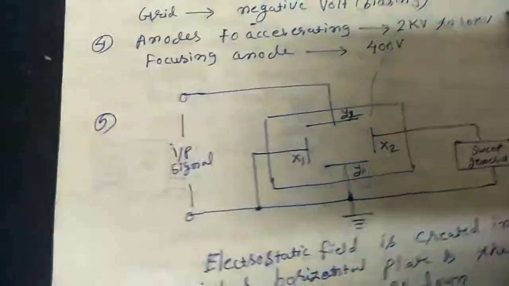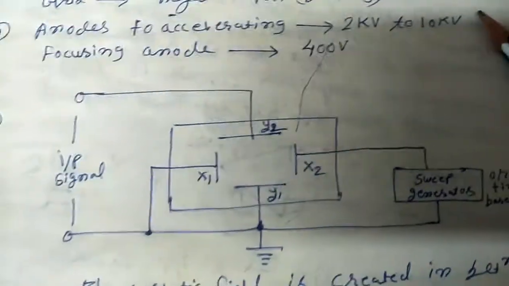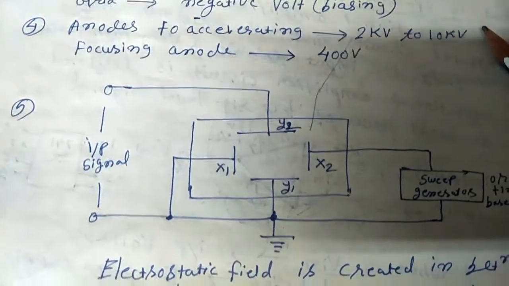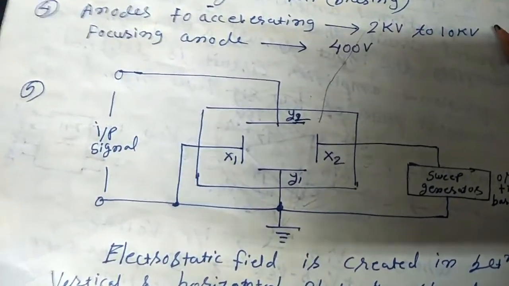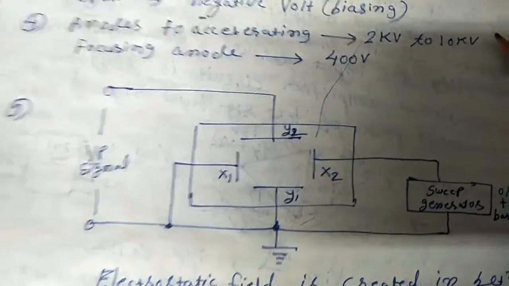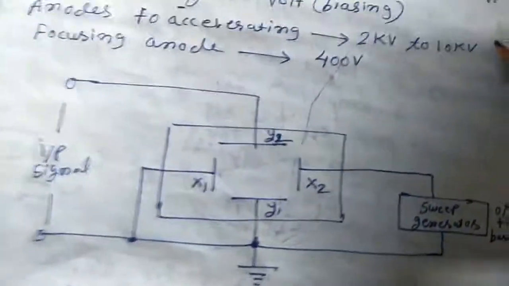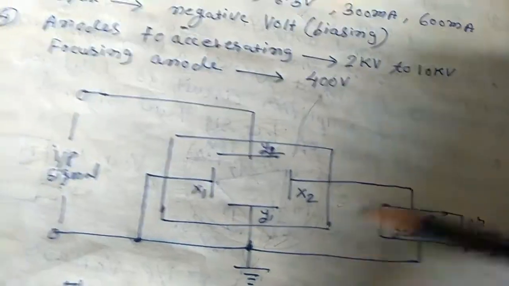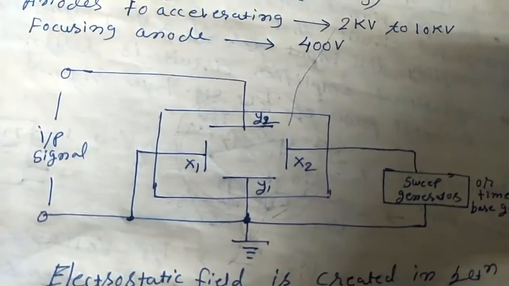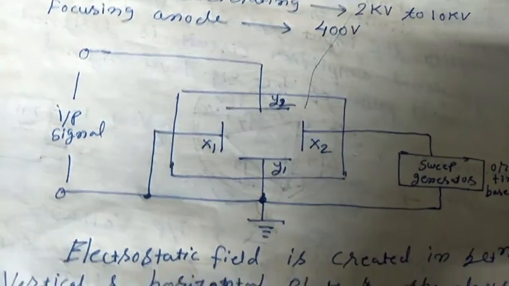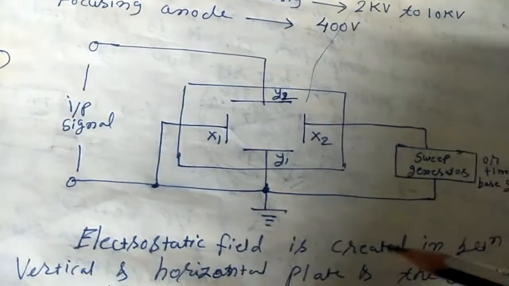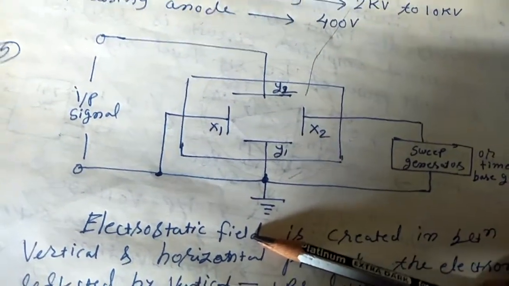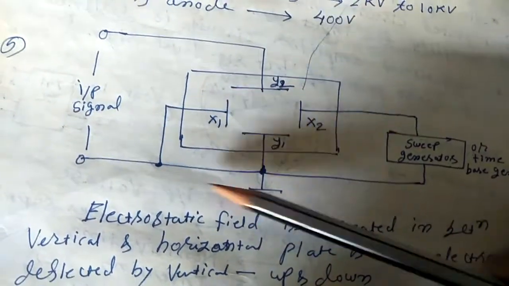Now I have drawn this diagram of the vertical deflecting plates and horizontal deflecting plates. Y1 and Y2 are the vertical deflecting plates, and X1 and X2 are the horizontal deflecting plates. One plate of each pair is grounded, meaning Y1 is grounded and X1 is also grounded.